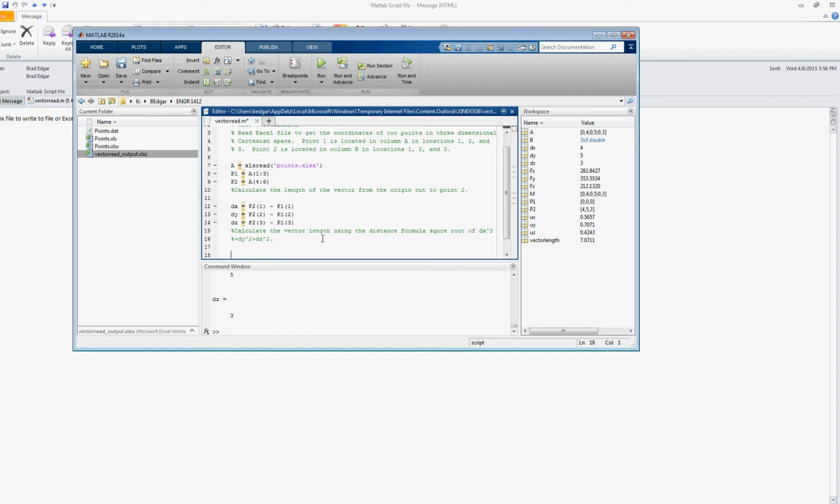Alright, so we'll define our vector length variable.